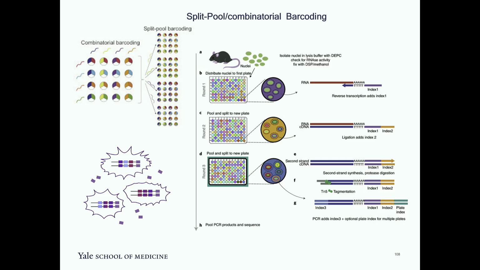You add your second barcode, so each of those cells gets a different combination of barcodes. Then you pool again and split again. If you do this split pool barcoding three times with all the available barcodes, you will generate approximately 100,000 combinations. Then you pool everything and sequence.